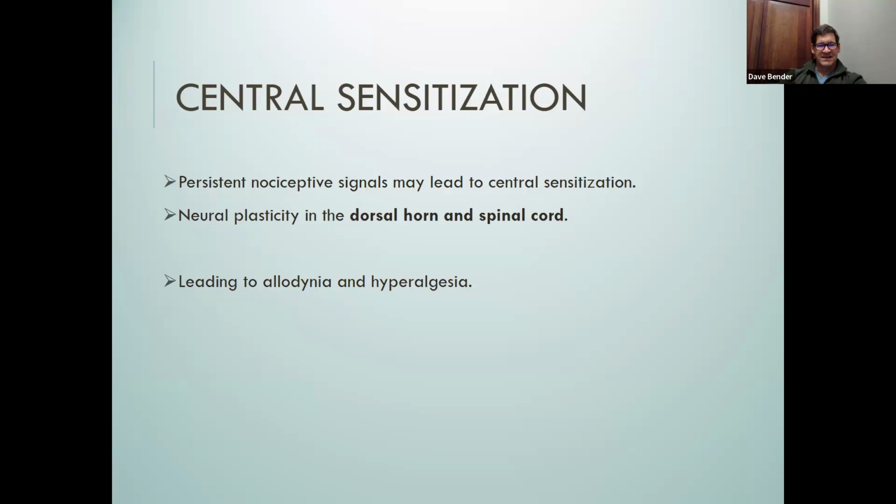We have neural plasticity at the dorsal horn and spinal cord. This is where we end up with the allodynia and the hyperesthesia, and some of the catastrophizing and also the emotional responses that go along with that.